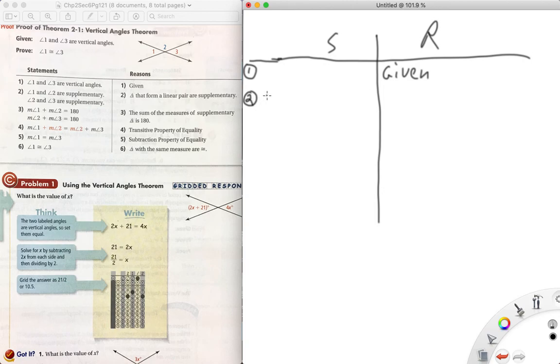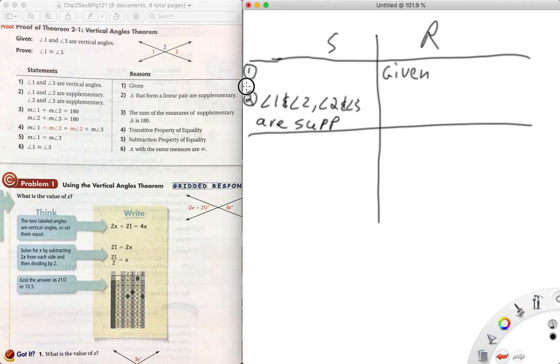Number 2, angle 1 and angle 2, and angle 2 and angle 3 are supplementary. If you recall, supplementary angles are angles that add up to 180 degrees. We know that they're supplementary because they form a straight line. 1 and 2 form a straight line, 2 and 3 form a straight line. This says linear pairs.